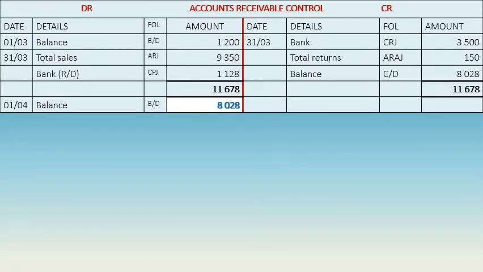This is the reflection of the accounts receivable control in the General Ledger after the account has been closed off at the end of the month. The follower columns show the various subsidiary journals from where the entries were posted.